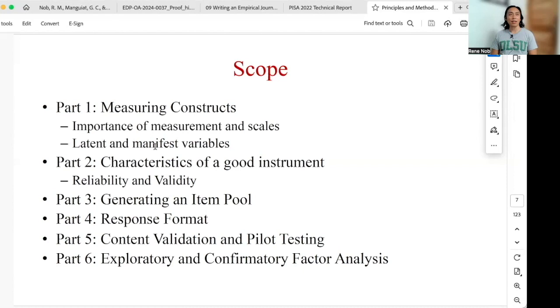Part 3 is about generating an item pool, where I will talk about tips on how to write good items, things to do, things not to include. Part 4, I'm going to talk about different possible response formats. Part 5 will be about content validation and pilot testing. And part 6 will be about some statistical analysis to further construct validity, talking about exploratory and confirmatory factor analysis. So at least that's the plan for now, and hopefully I can carry out that plan.